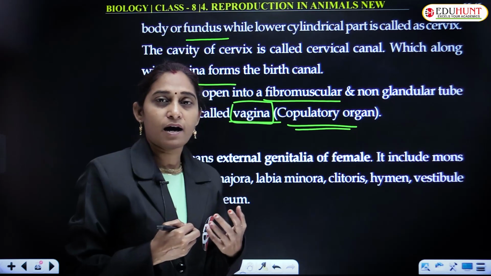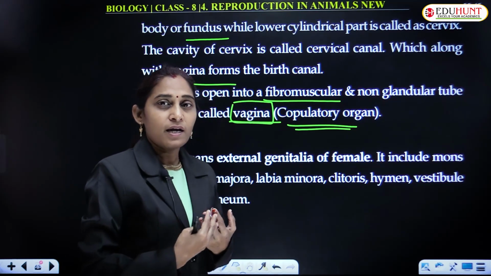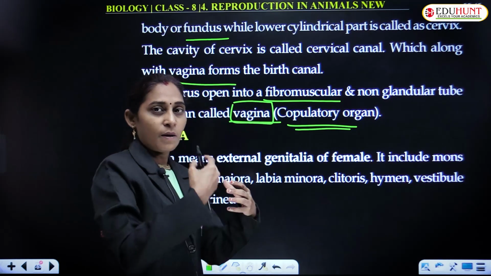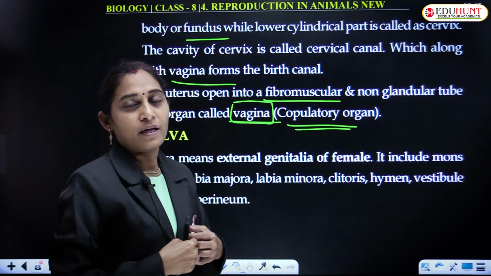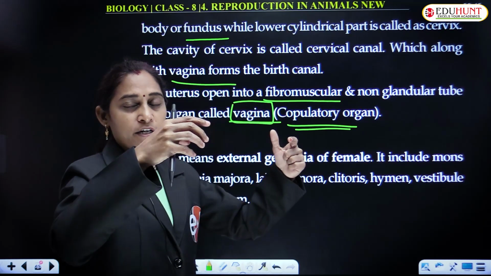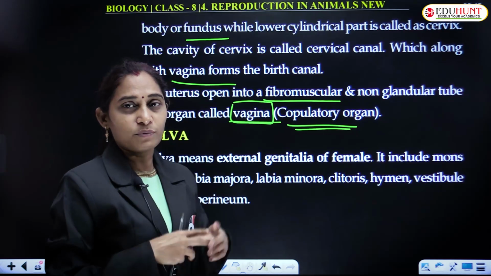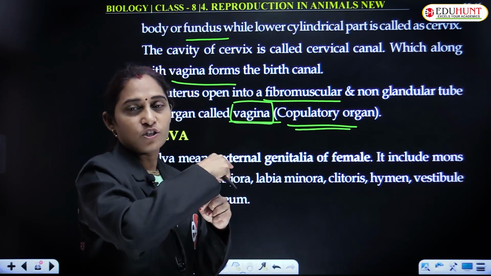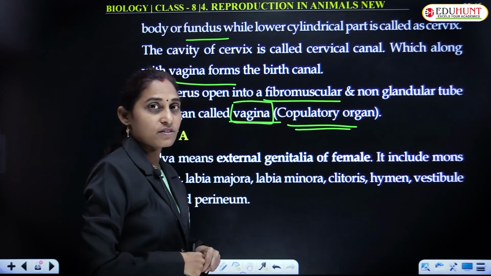Copulatory organs are the organs which participate in intercourse, and through the vagina the sperm pass into the fallopian tube, where the ovum is collected. That is why the sperm reach the fallopian tube, which is the site of fertilization.